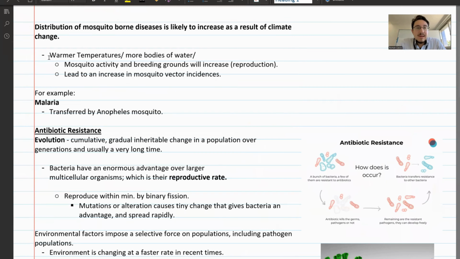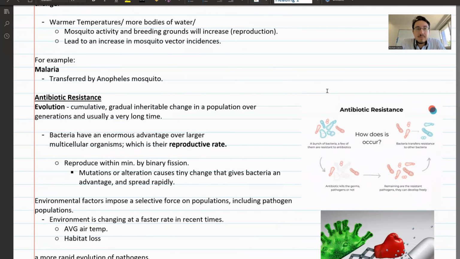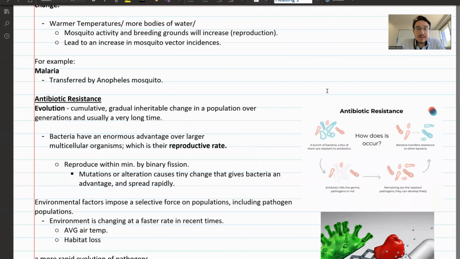Unit one. All right. So again, like I was mentioning before, distribution of mosquito-borne diseases is likely to increase because of climate change. Warmer temperatures, more bodies of water because of higher rainfall levels, more mosquito activity, more breeding grounds.